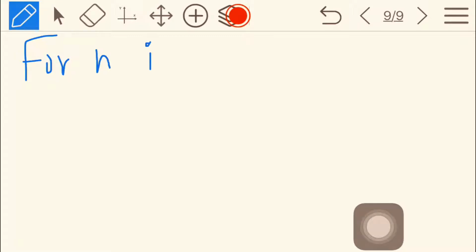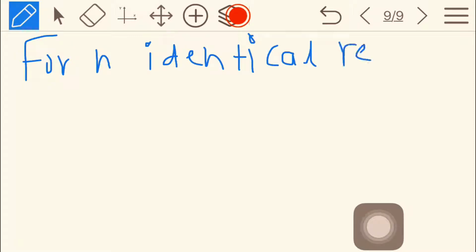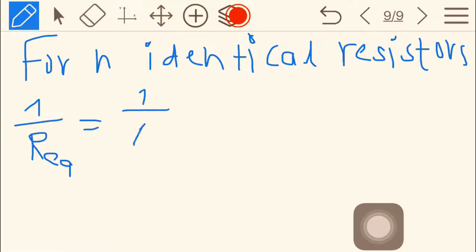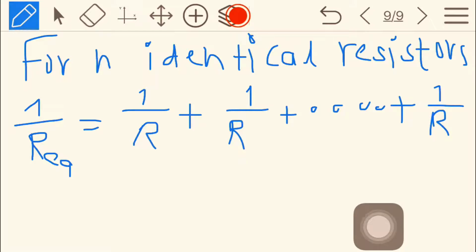If the resistors are identical, that is, they all have the same resistance, then for n identical resistors, 1 by Req is equal to 1 by R plus 1 by R, n times.